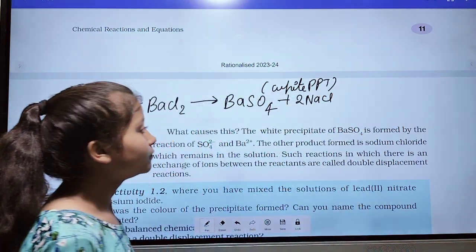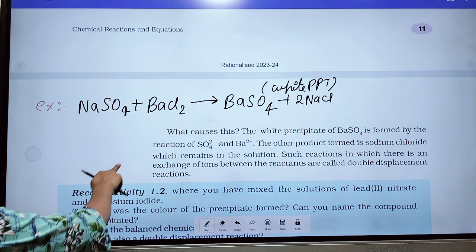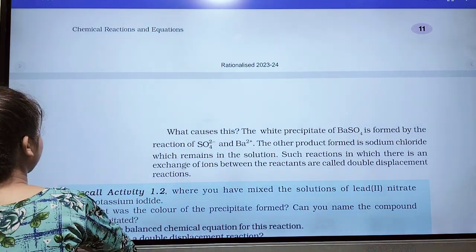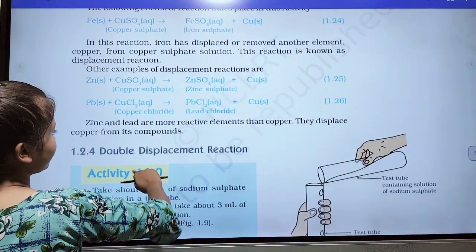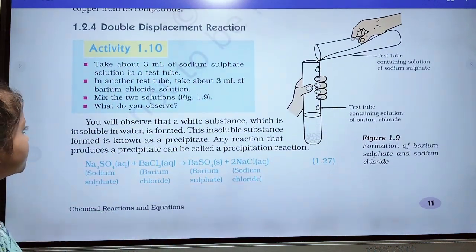It means precipitation. This is an example of double displacement, and a simple point given about this is that insoluble BaSO4 forms. Any reaction that produces a precipitate is called a precipitation reaction.